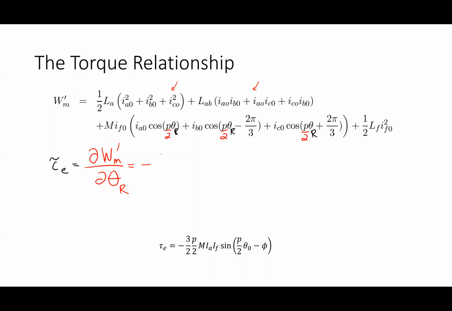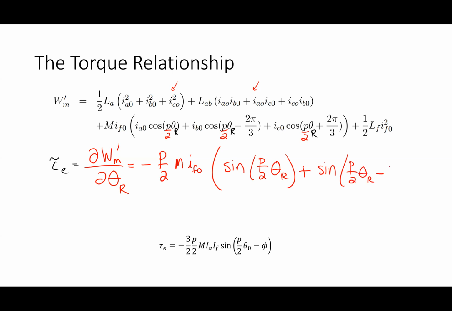So this guy becomes negative p over 2 M, as I've written this, IF0 times sine p over 2 theta r plus sine of p over 2 theta r minus 2 pi over 3 plus sine p over 2 theta r minus 4 pi over 3.